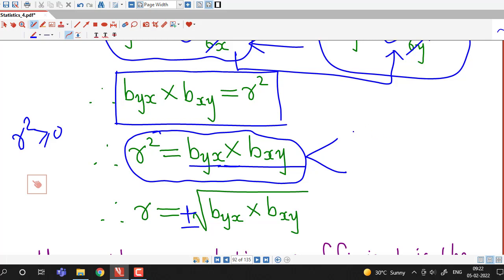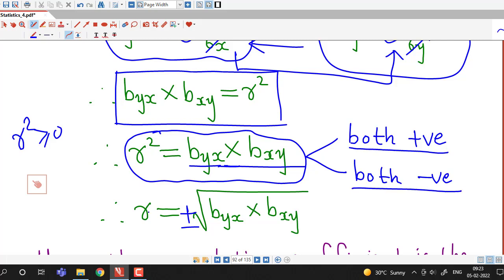Byx and bxy can both be positive, or both can be negative. We cannot have the situation that one is positive and another is negative. If one is positive and another is negative, then r square will be negative. That is a contradiction. So either both the regression coefficients will be positive or both will be negative.